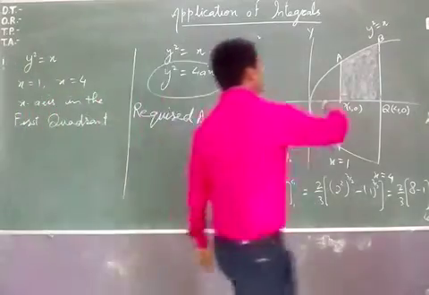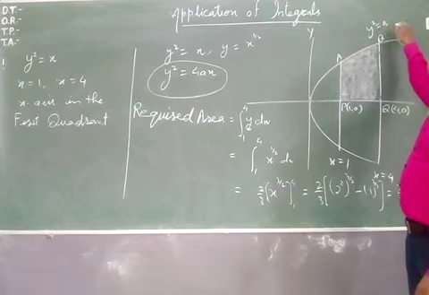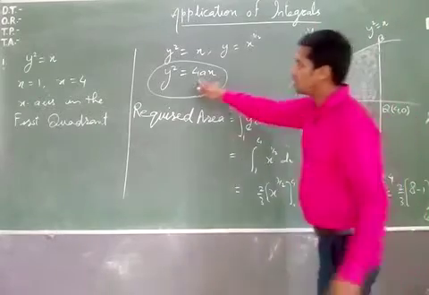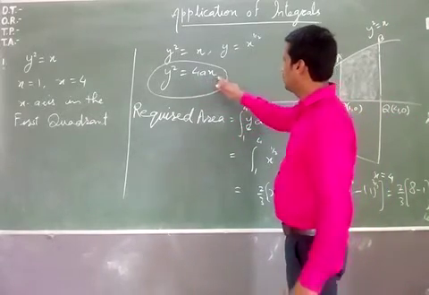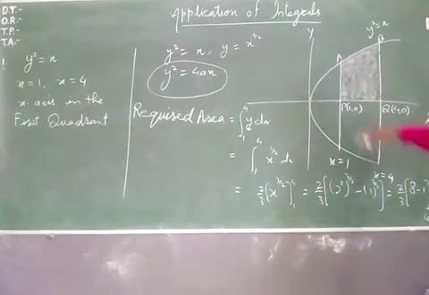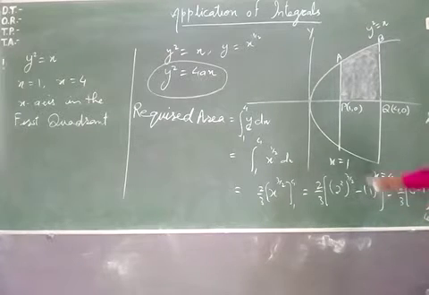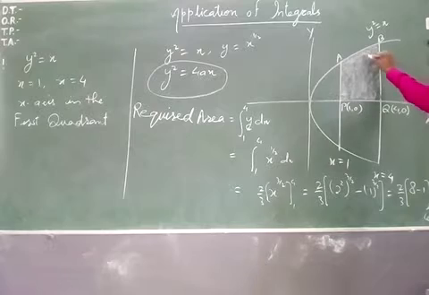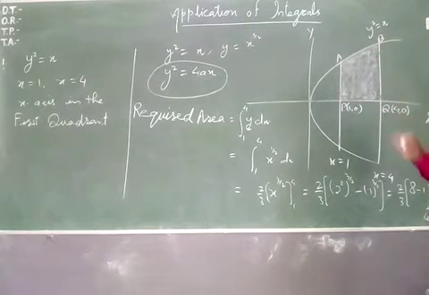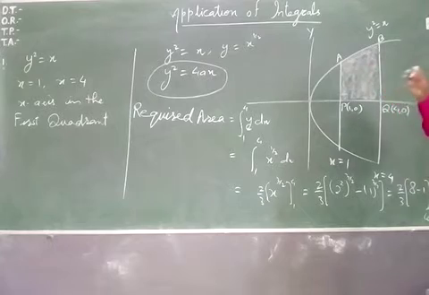First of all, try to draw a diagram of the given curve y square equal to x. Compare with the standard form y square equal to 4ax. We have a parabola along x-axis. This curve is bounded by the lines x equal to 1 and x equal to 4. On x-axis, only this part we have to find out the area in first quadrant.